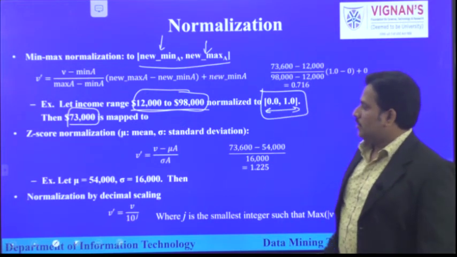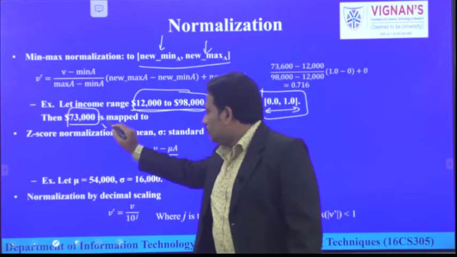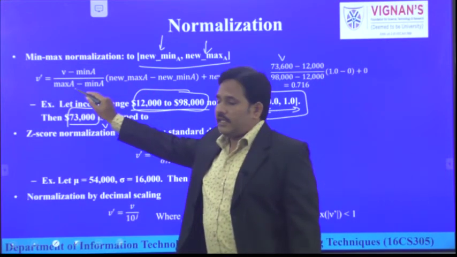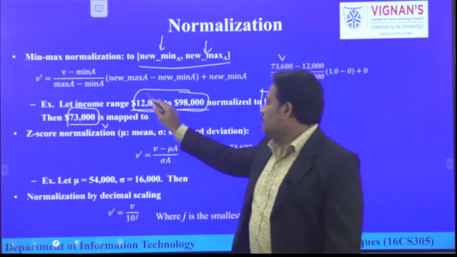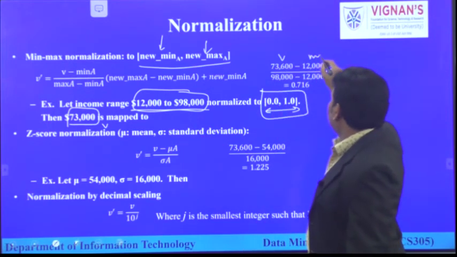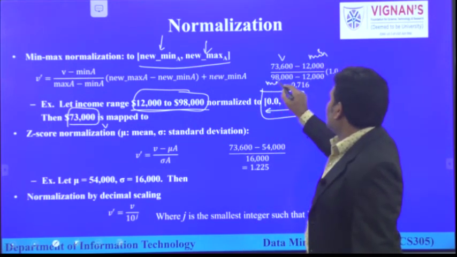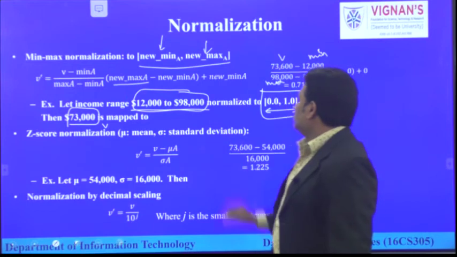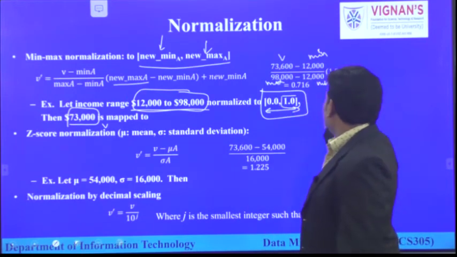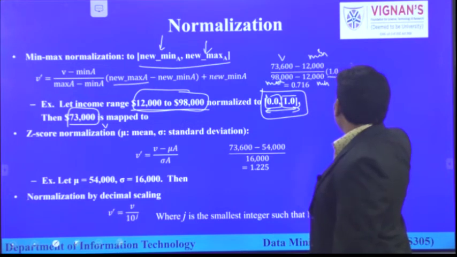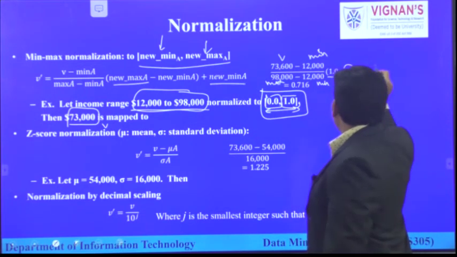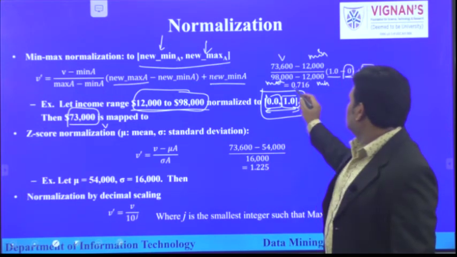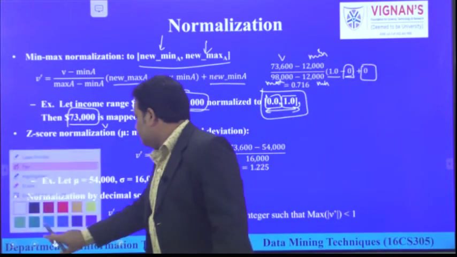Let us substitute the values. Here we want to convert this $73,000. This will become V. Minimum A and maximum A mean the original set: the minimum value is 12,000 and 98,000 is the maximum. Here the new maximum is 1.0 and the new minimum is 0.0. If we substitute all the values, we get a transformed value, which is 0.716.